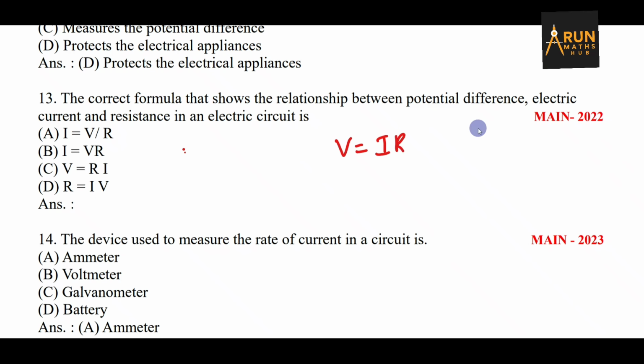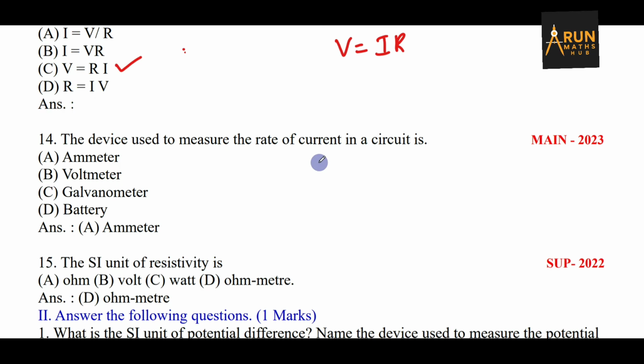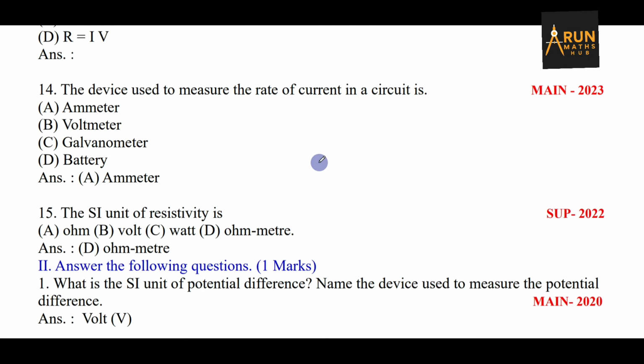V equals I into R. The device used to measure the current in an electric circuit is the ammeter. Therefore, the correct answer is option A, ammeter.